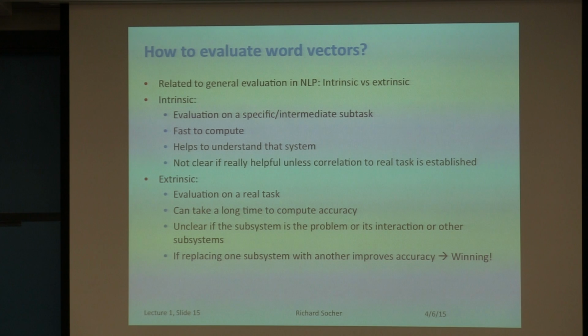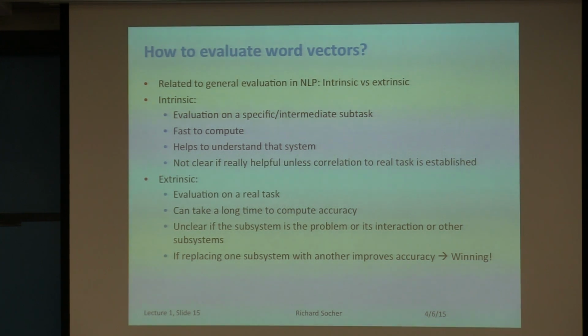You learn word vectors in order to then solve a harder task, like machine translation or question answering and so on. So the problem with these intrinsic evaluations is that it's not always clear if they're really helpful. Like, let's say I optimize these word analogies really well, and then I try to run a machine translation system, and even though I just showed that my new word vector model has a 5% improvement in word analogies, it now works 2% worse in machine translation.